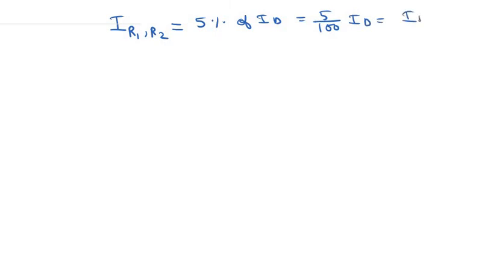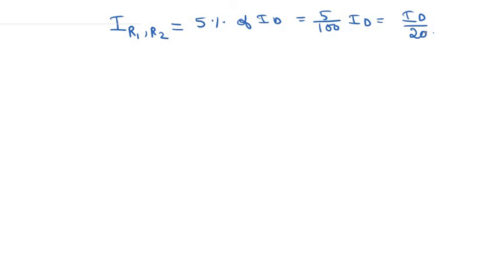It is given that the current through R1 and R2 is approximately 5% of the drain current. So the current through R1 and R2, which we write as IR1,R2, is equal to 5% of ID, which is 5 divided by 100 into ID, basically ID divided by 20.